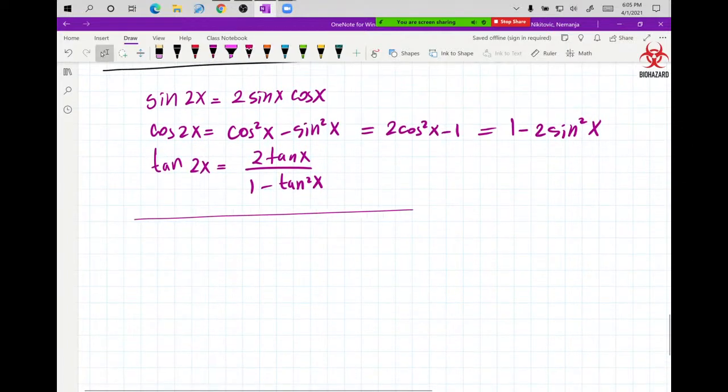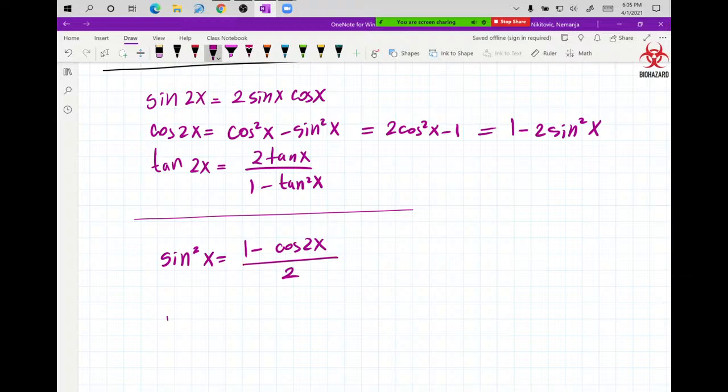From the double angle formulas, we went to power reducing. Sine squared x is equal to 1 minus cosine 2x over 2. Cosine squared x is equal to 1 plus cosine 2x over 2.